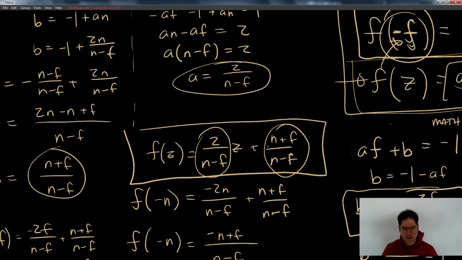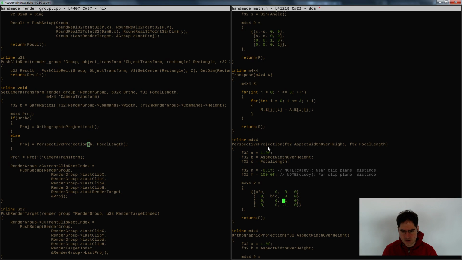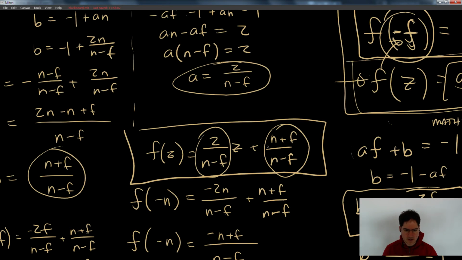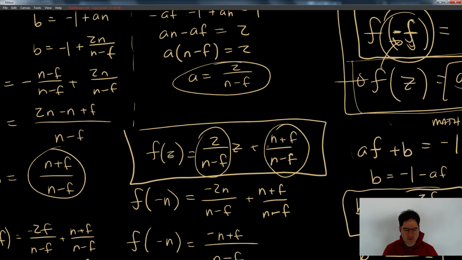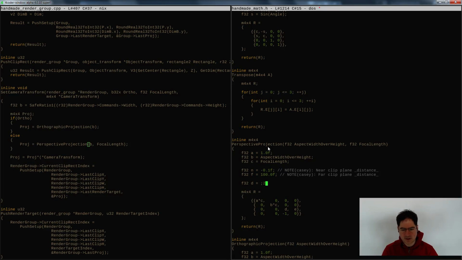But we do know, again, what our value coming in here is, right? Here's our A and our B. Unfortunately, we already have our A and B, so let's do D and E in this case. And so our D value is 2 over n minus f.